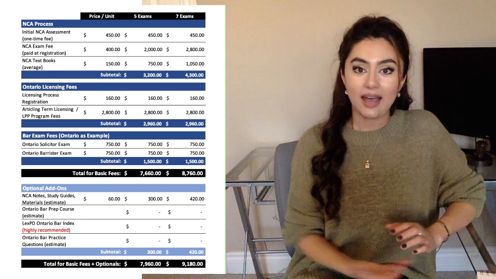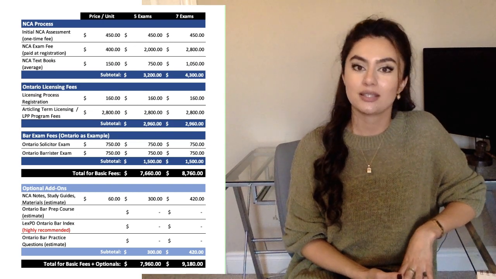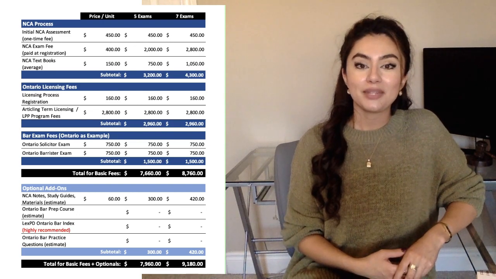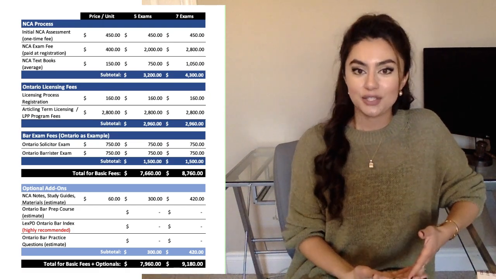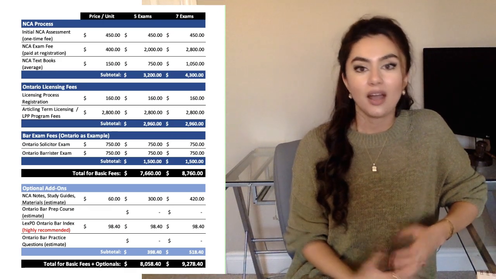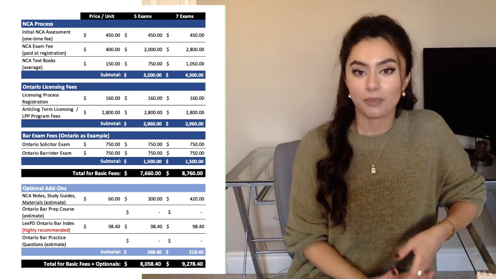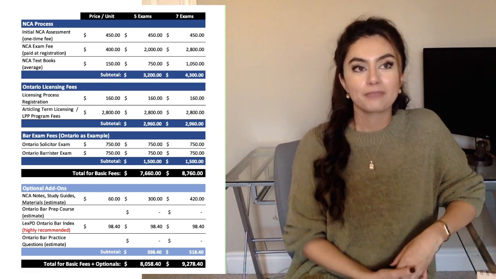There are additional add-ons that you should also take into consideration when doing the Ontario lawyer licensing process. For example, some people like to use indices when they're doing the bar exam. The NCA Tutor's index is about $100, which is quite reasonable. Other indices can vary in terms of their prices, so that's something you may also want to budget for.